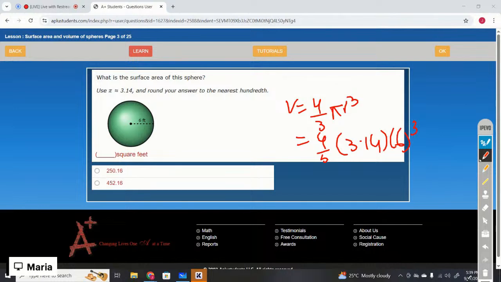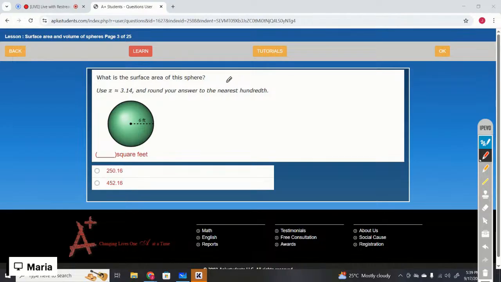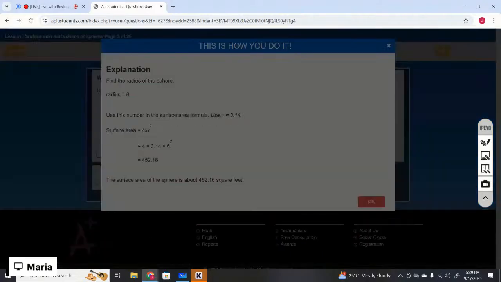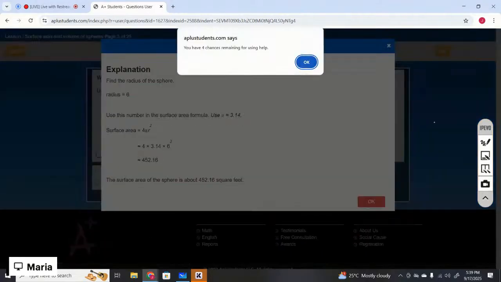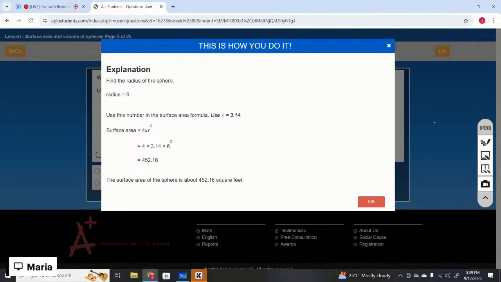We need to calculate the surface area of the sphere, not the volume. Surface area is 4 pi r square. So 4 pi r square, that is 452.16.